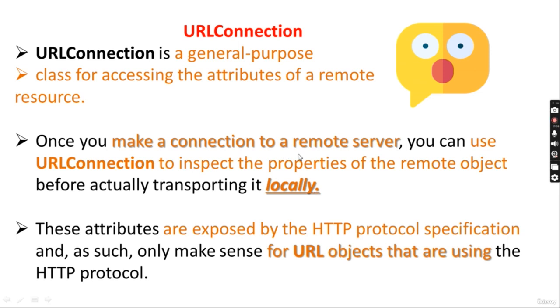So first of all, you have to make a connection to the remote server. Then you use the URLConnection class to inspect the properties of that particular object. These attributes are exposed by the HTTP protocol specification. As such, they only make sense for URL objects that are using the HTTP protocol.